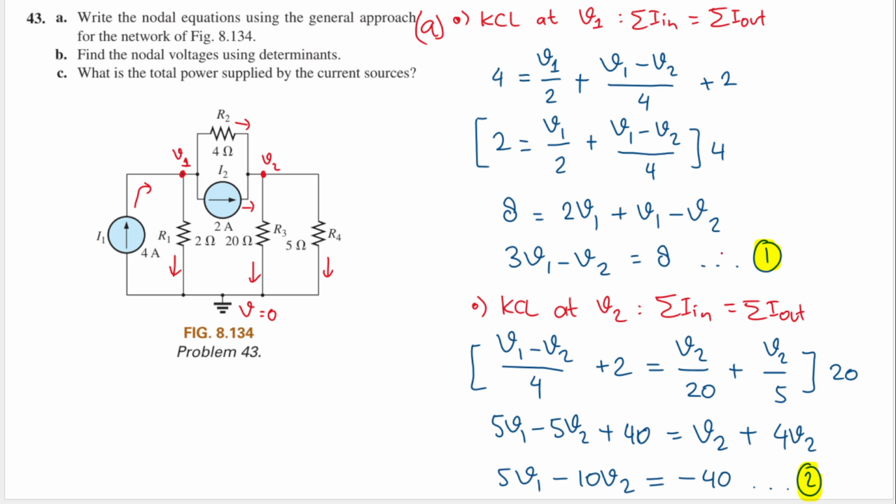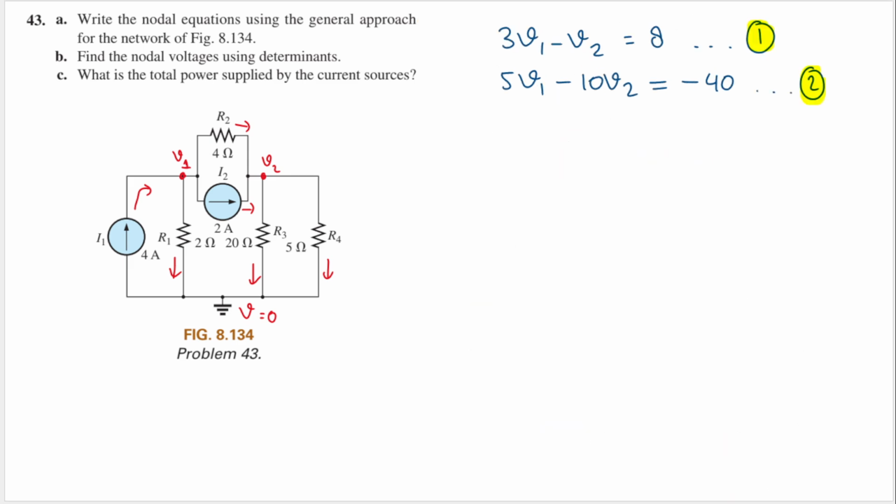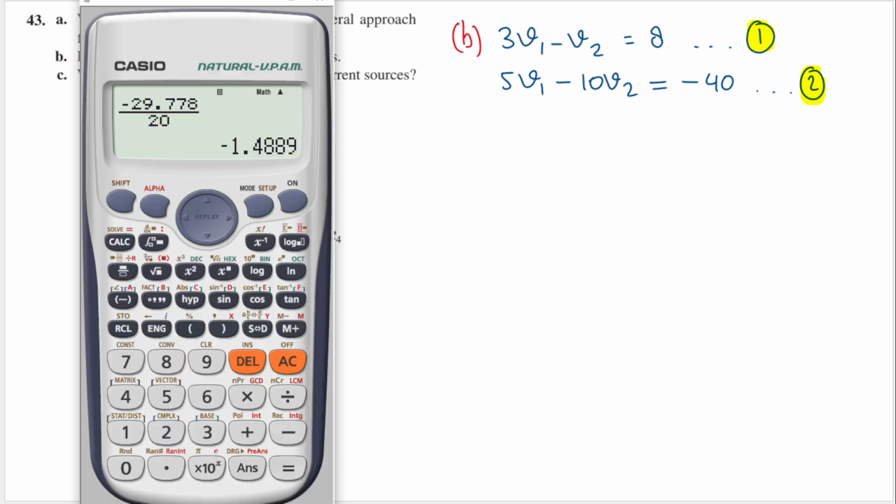Let's solve the equations for question B. Let's clean up the board. Now for question B, we need to find the nodal voltages, basically V1 and V2. I think the fastest way is just using the calculator.